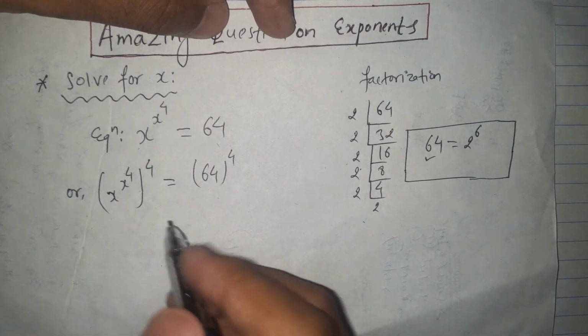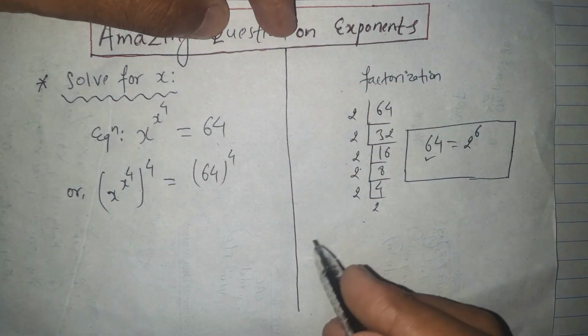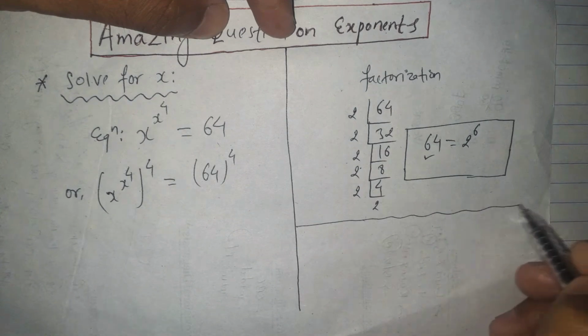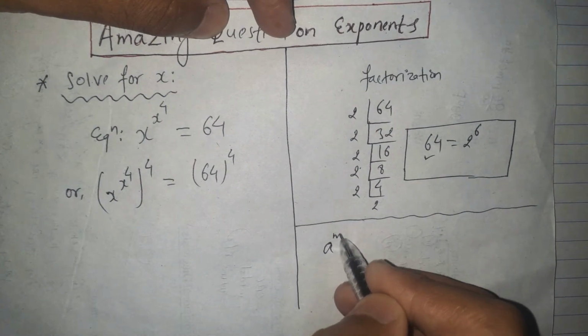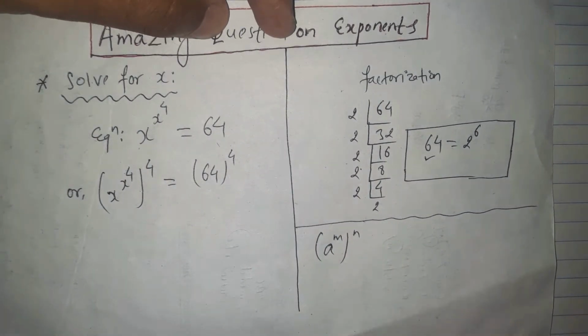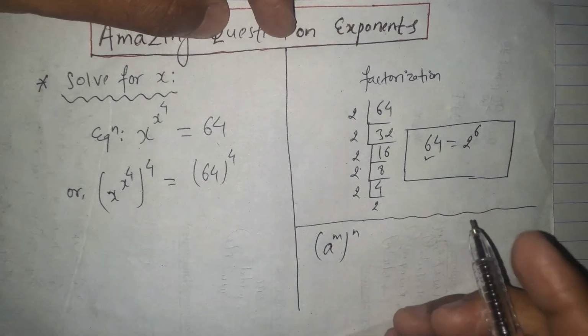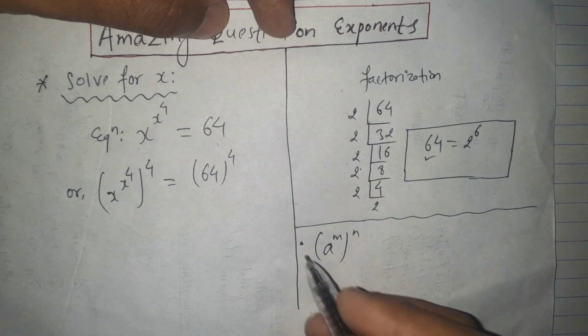And the benefit is, let me write some properties of the exponents. If a number a is raised to the power m, and it is again raised to the power n, it is the property of power to power. It is called the power to power law.